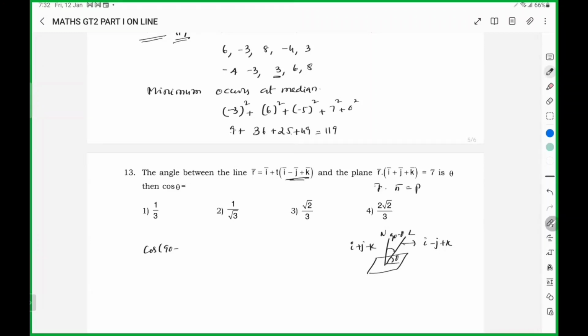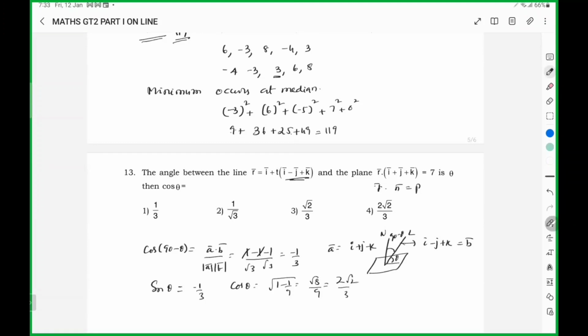Cos of 90 minus theta will be, so say this is a bar, say this is b bar, a dot b by, so 1 minus 1 minus 1 by, so sine theta here is minus 1 by 3. Cos theta is root 8 by 9, root 2 by 3.